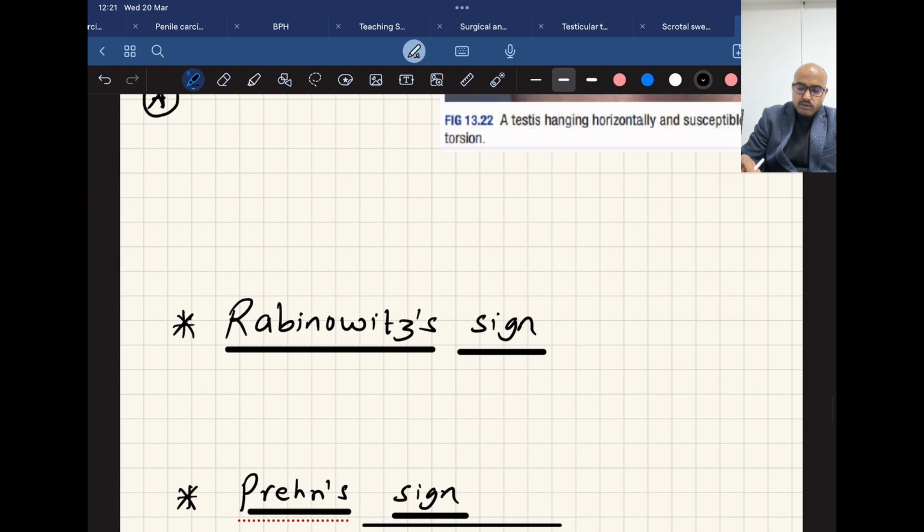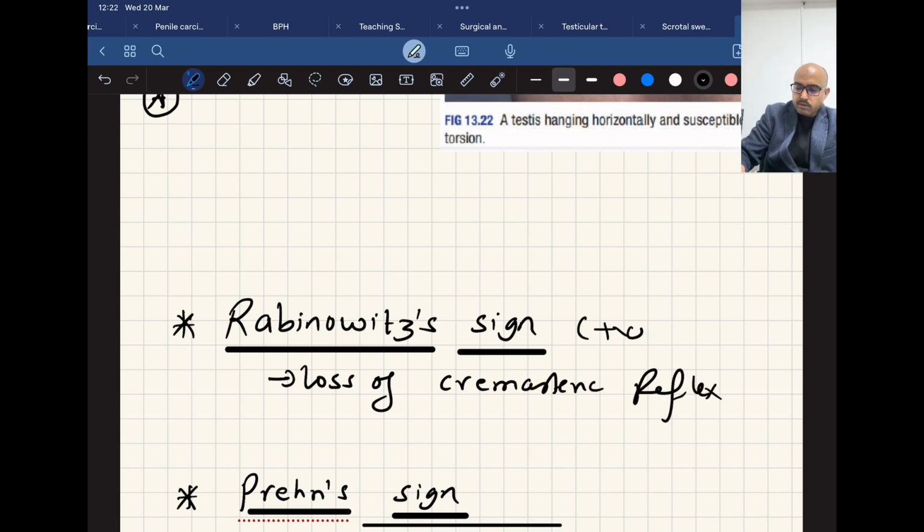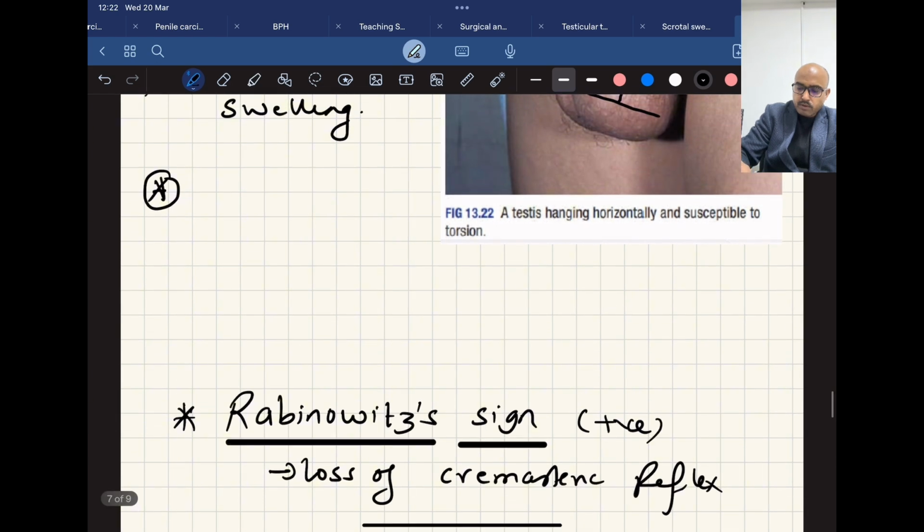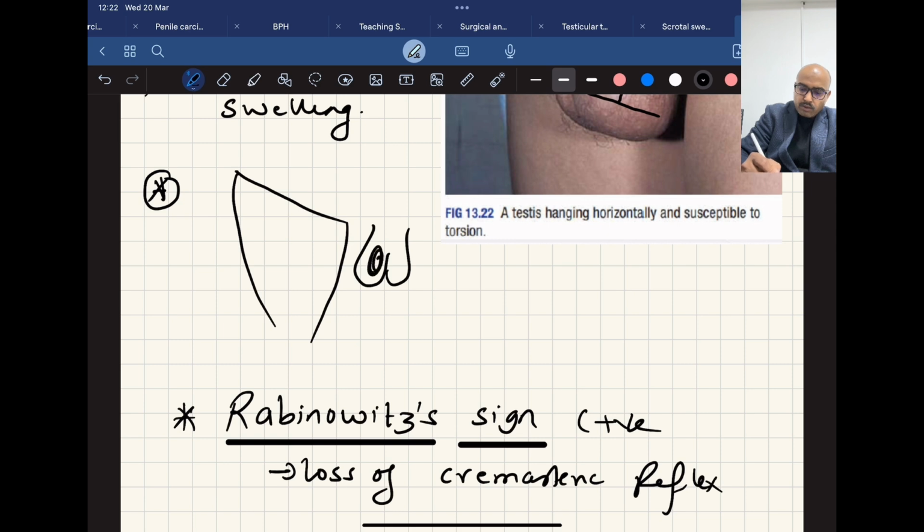Those are Rabinowitz sign and Prehn sign. Rabinowitz sign means the loss of cremasteric reflex. Suppose this is the thigh, and here is the scrotum with the testis.